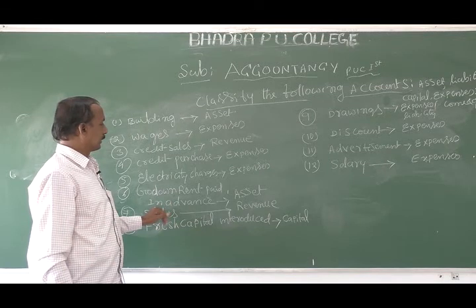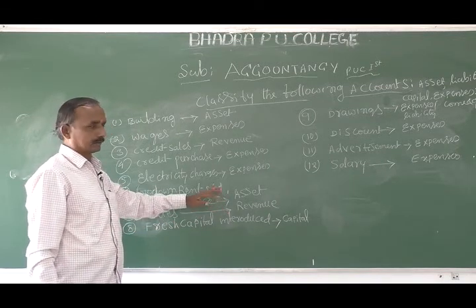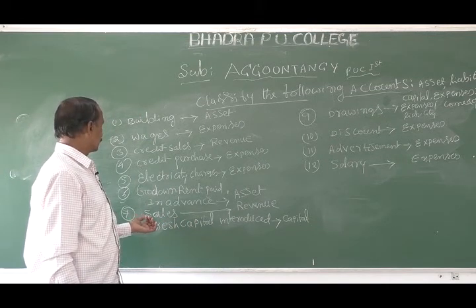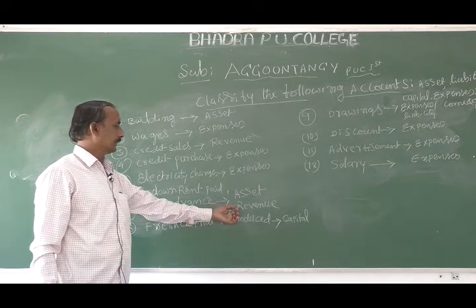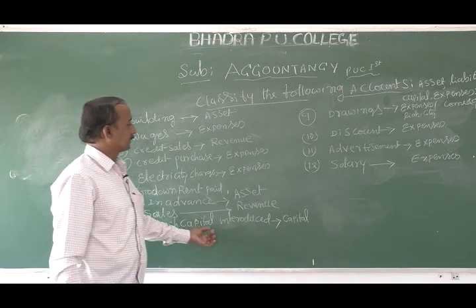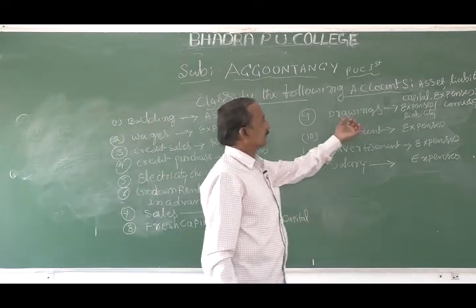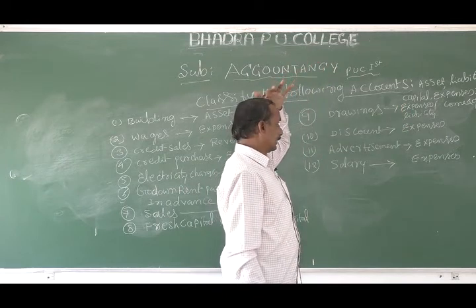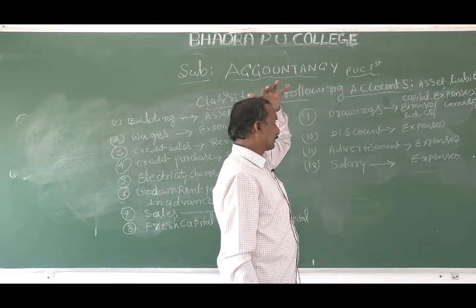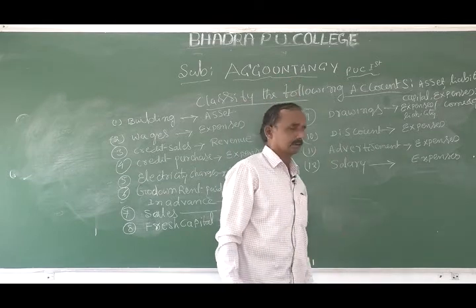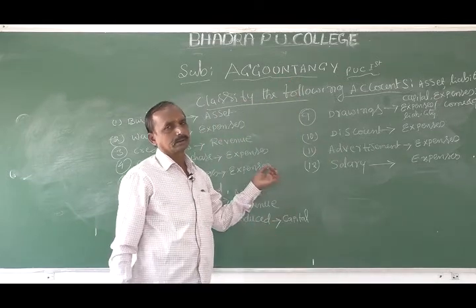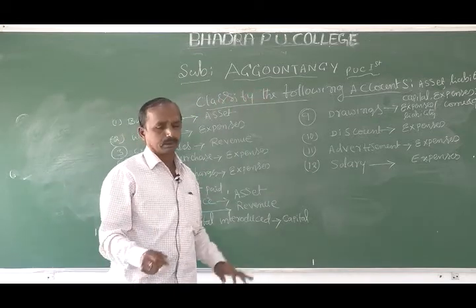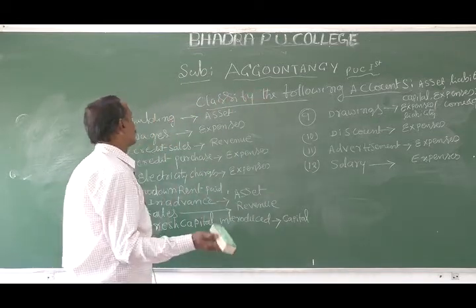Godown rent paid in advance is an asset because an advance amount has been paid. Sales is also a revenue, and fresh capital introduced is capital. Drawings is an expense or liability shown on the assets side of the balance sheet. Next, discount is an expense, advertisement is an expense, salary is an expense. These classifications of accounts will occur in the exam.